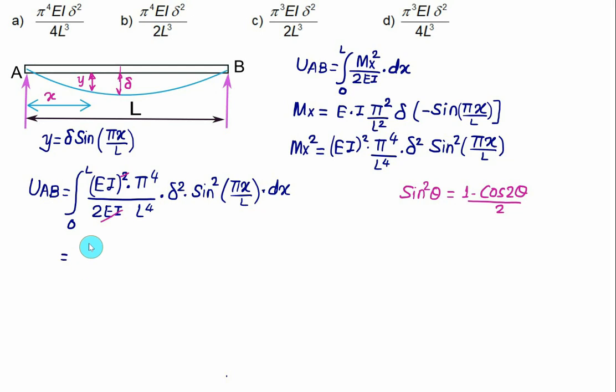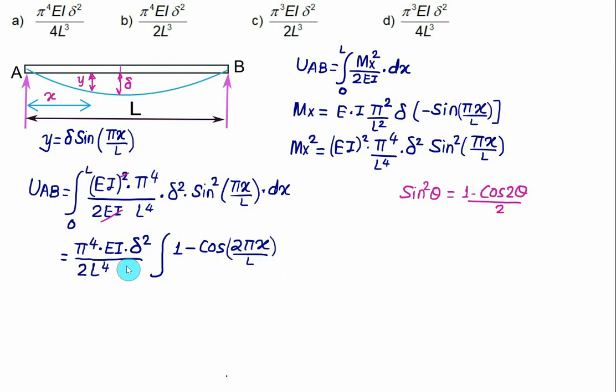So let's take out π⁴ common. Then we have EI common. Then δ² is also common, divided by 2 times L⁴, and the sin² term we can replace as 1 minus cos 2θ, that is equal to cos of 2 times πx/L, and this whole term is further divided by 2.